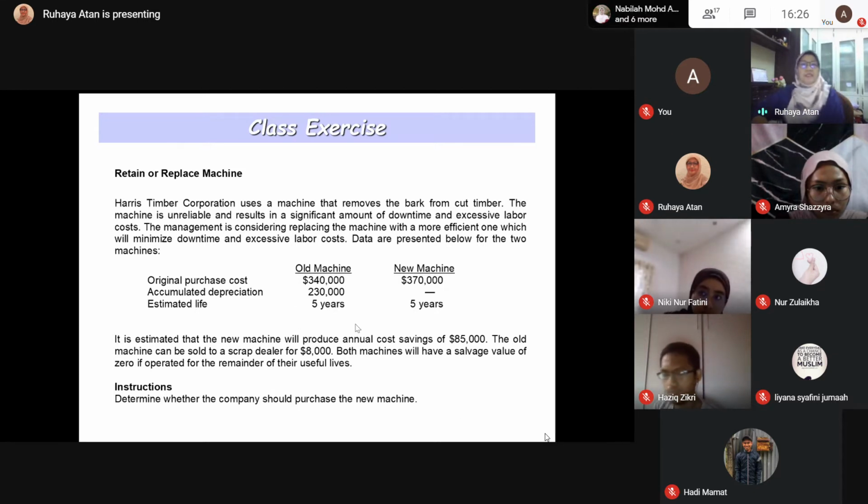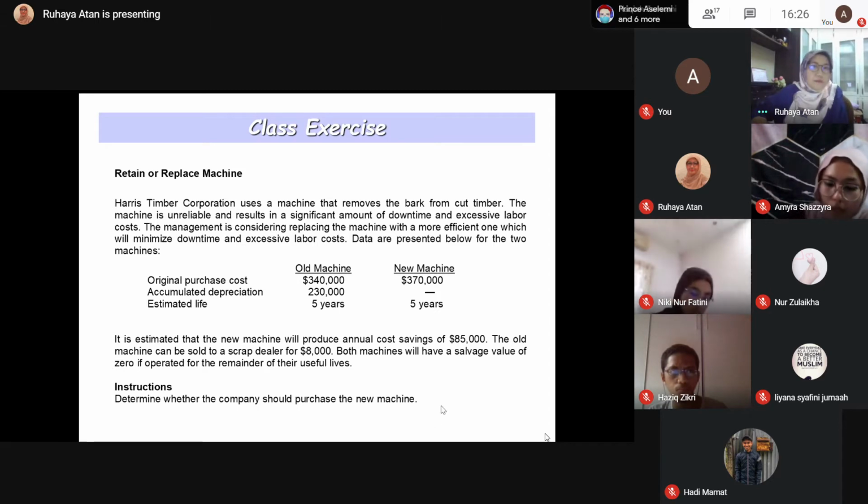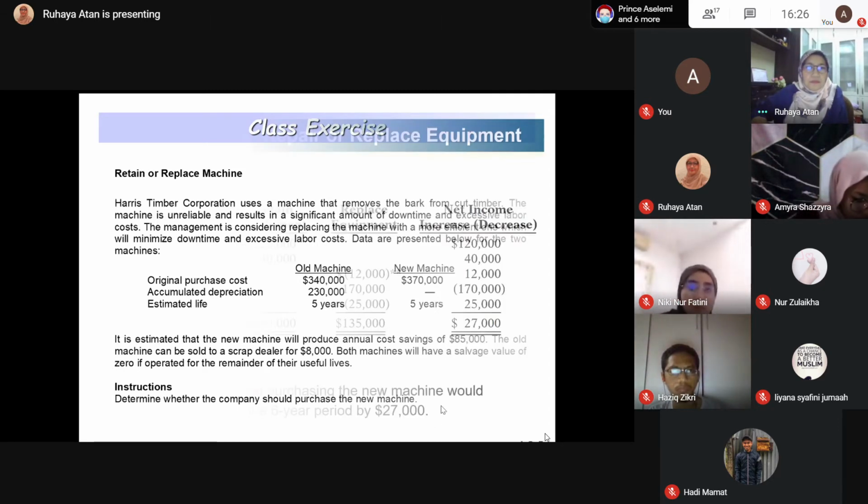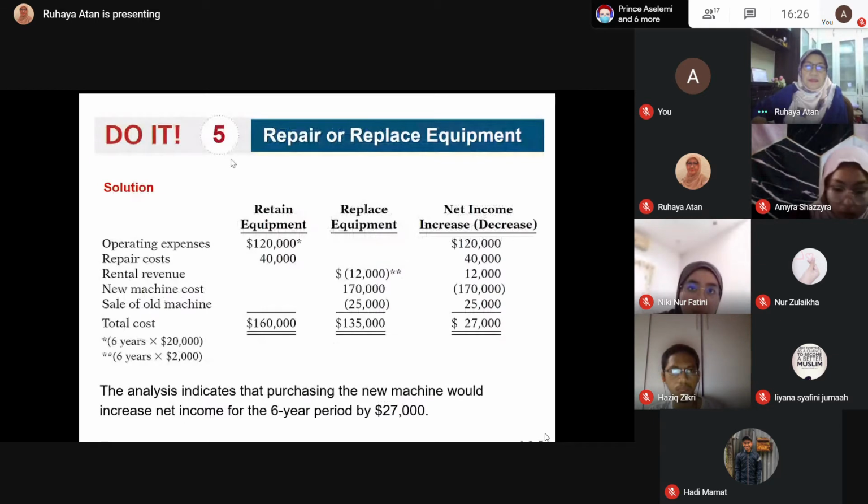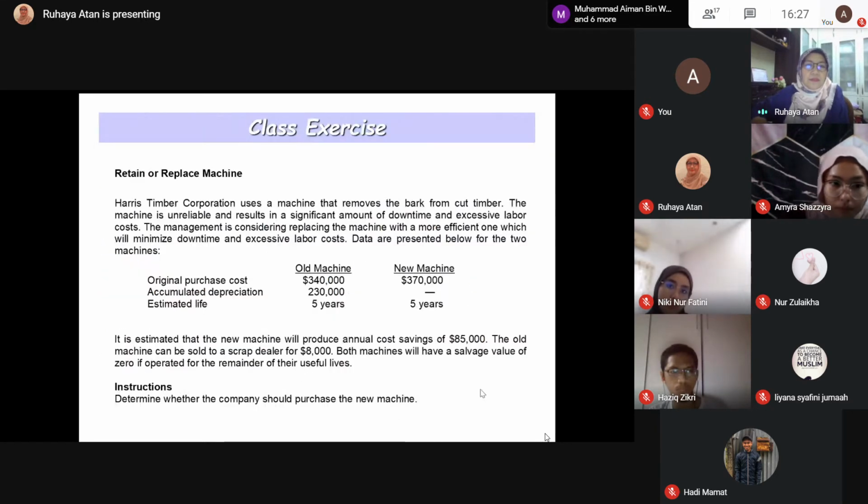So again, the decision here is whether you need to retain or replace the machine. Can you do the incremental analysis here? Prepare a column like this: one column for whether to retain or to replace, and an incremental column, and compare whatever costs are relevant to this calculation. Please do this one first.